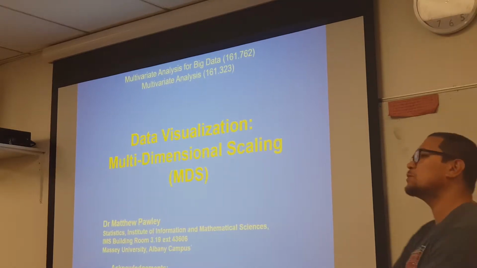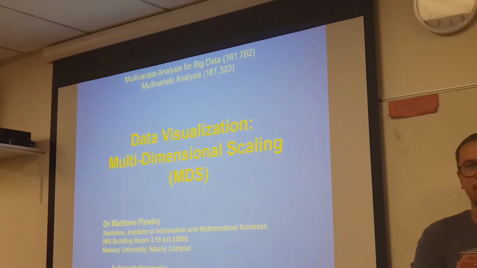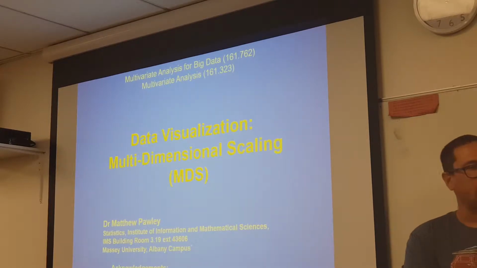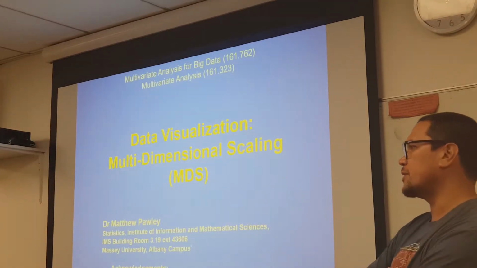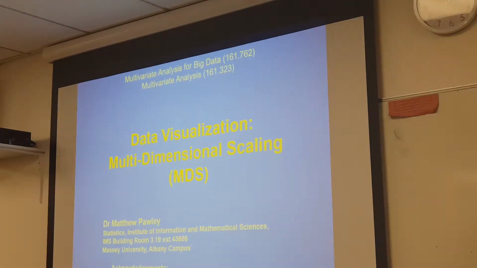Something that probably should be used a lot more for visualization purposes in business. It is very commonly used in a variety of fields, particularly in the field that I work with, which is ecological data.